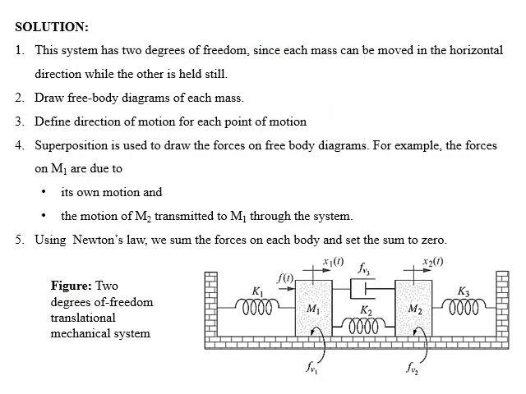Dear students, now we'll start the solution. With the help of rules defined earlier, the first rule was to define the degree of freedom. As from the figure, it is clear that degree of freedom is equal to 2 because each individual mass m1 or m2 can be moved on the horizontal surface if the second one is held still.